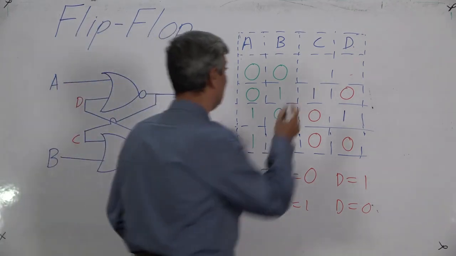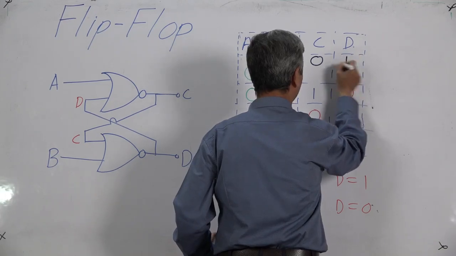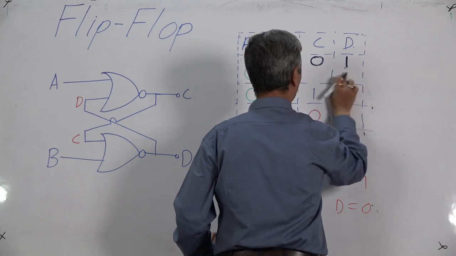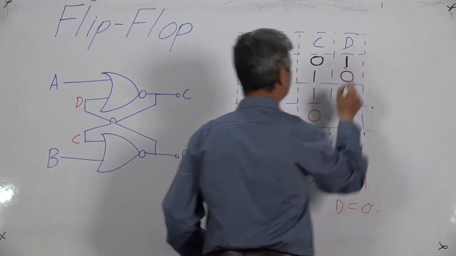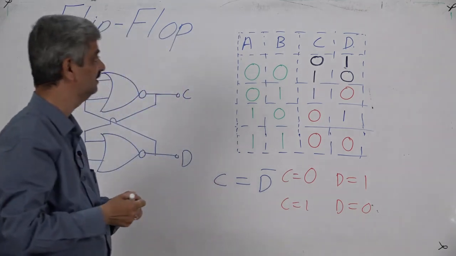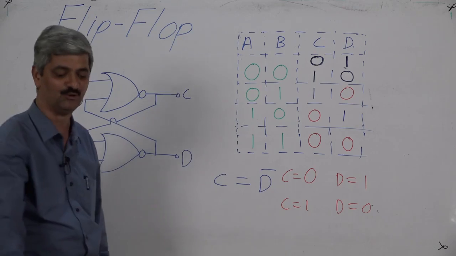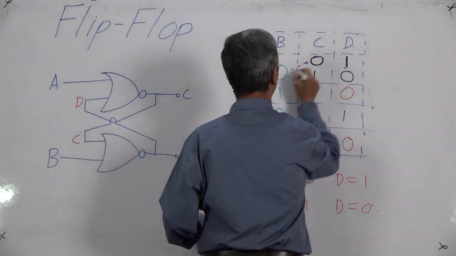I am rewriting again very clearly with bold and a different color. 0, 1 and 1, 0. So in the same truth table, in the same row, I am writing 2 answers because both are possible, and we will verify that. So either this or this.